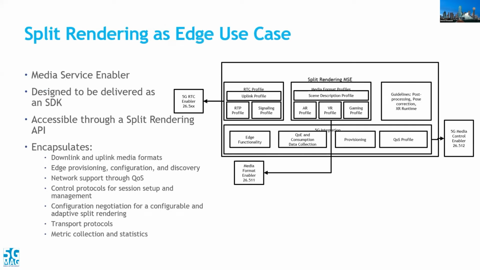We already started looking at such use cases, and split rendering is one of these. So it's basically enabling high complexity graphics applications to run on the edge, and then have a relatively simpler rendering procedure on the device. So you could think of use cases such as remote gaming as potential applications.